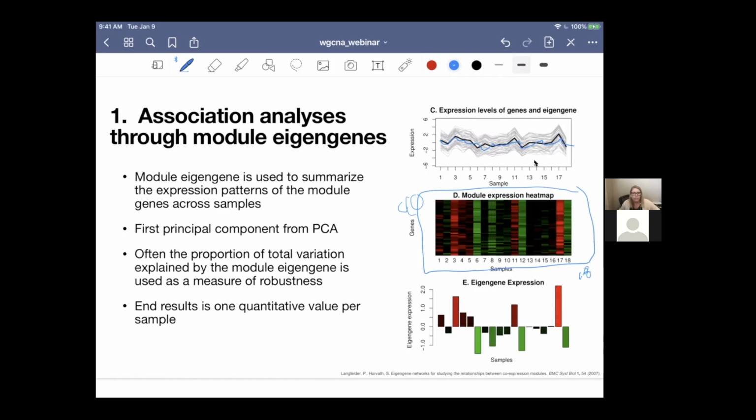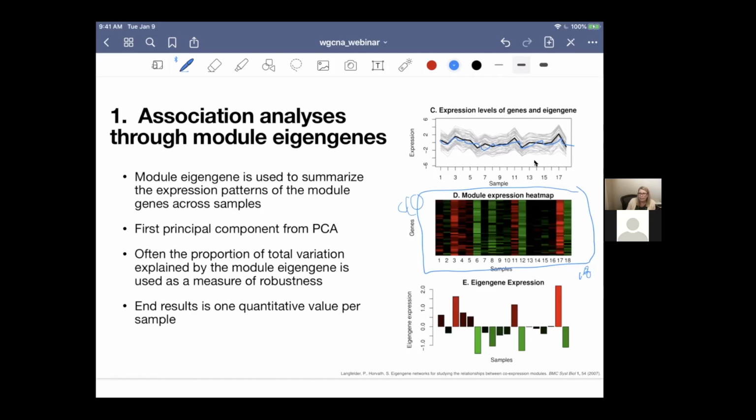And so all we do, the WGCNA algorithm uses the first principal component as its module eigengene. So that's from a principal component analysis.